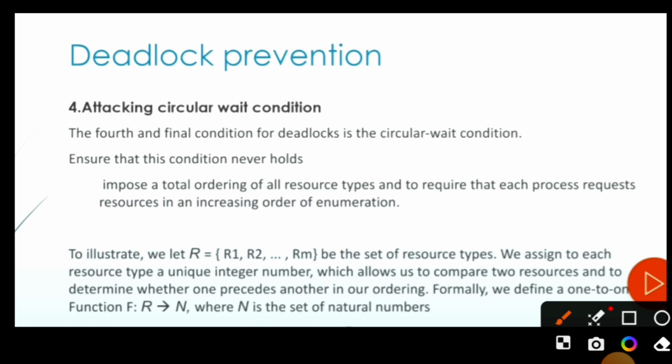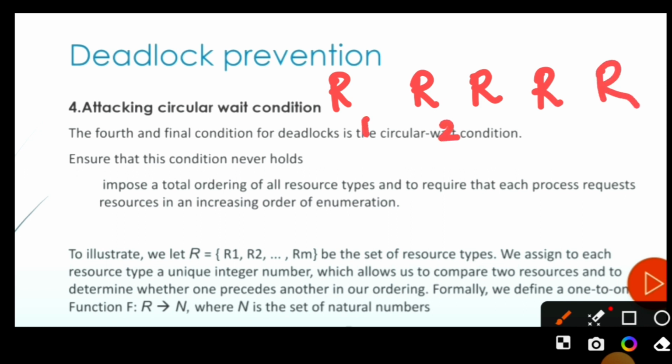We need to impose a total ordering of resource types. That means all the resources that are there will be given some order. We will be numbering them using some numbers. Let us say that we have 5 resources, numbering them as resource R1, R2, R3, R4 and R5.